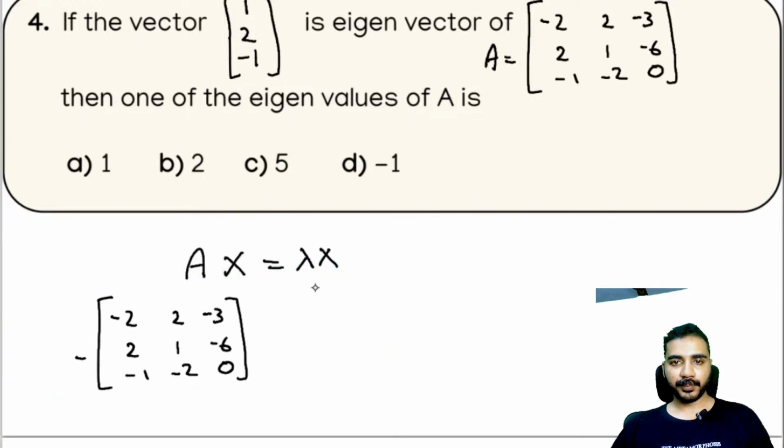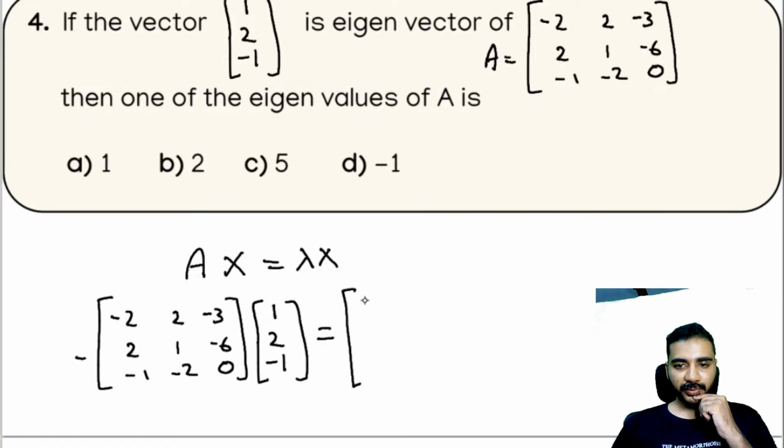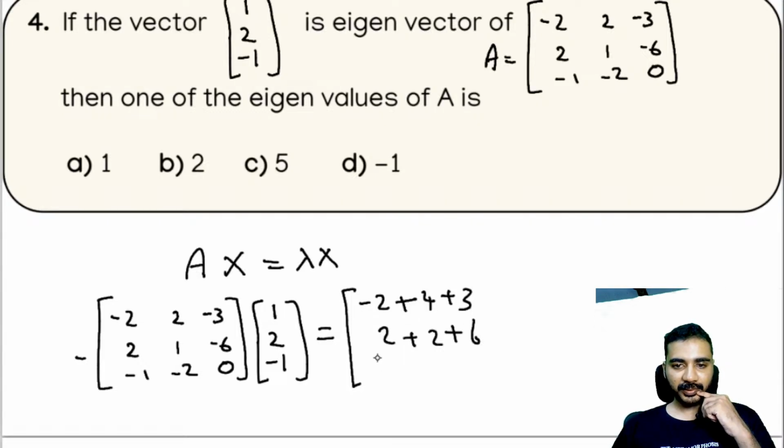This is A here, and this is x. When we multiply these two, we will be getting minus 2 plus 4 plus 3, then the second row is 2 plus 2 plus 6, then the third row is minus 1 minus 4 plus 0.